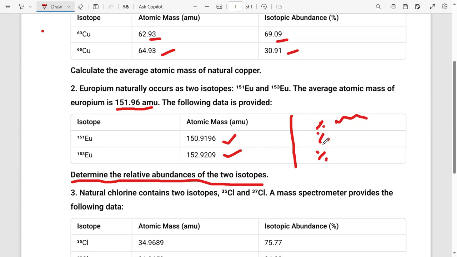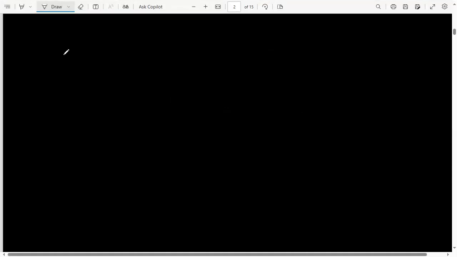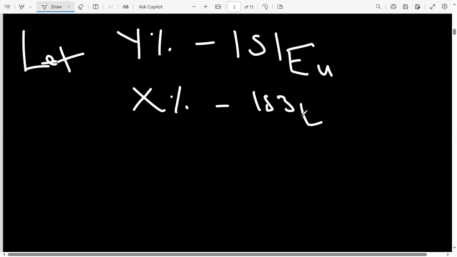So let y% be for europium 151, and let x% be for europium 153.